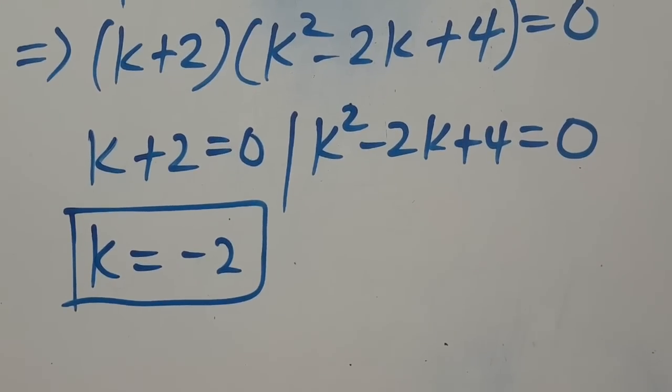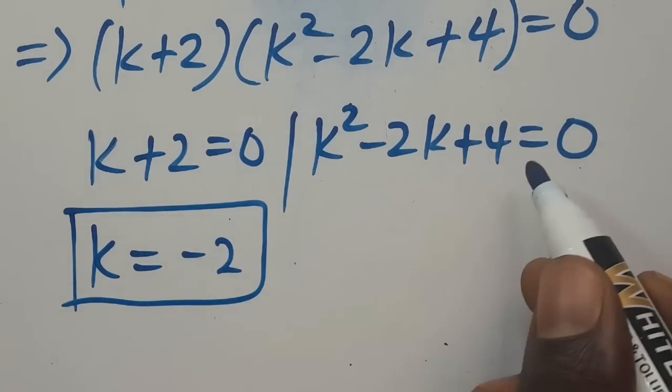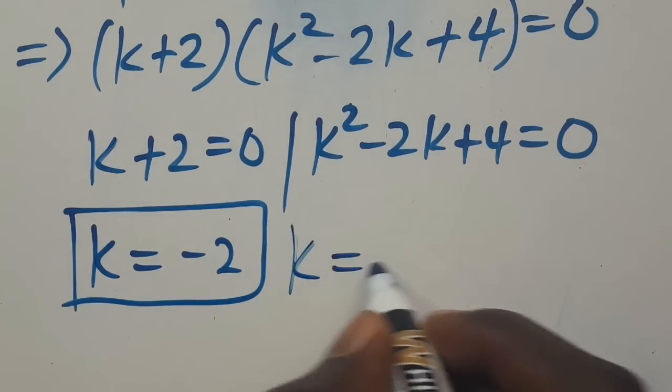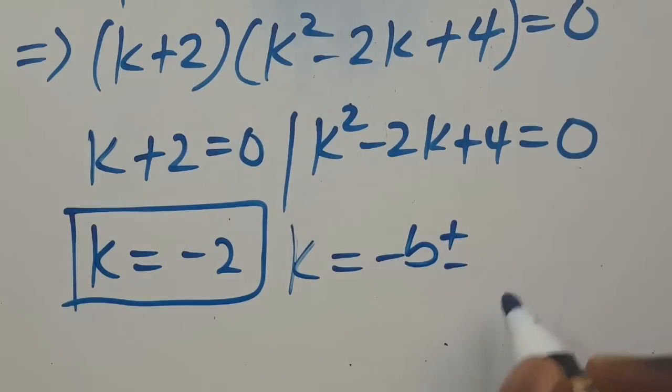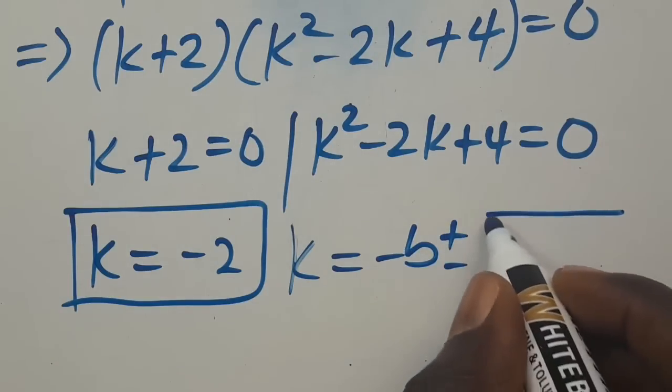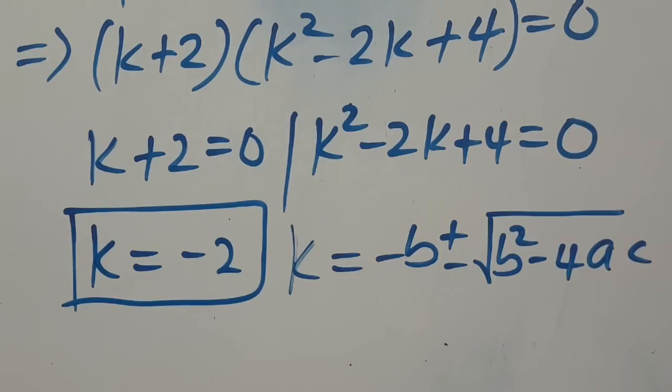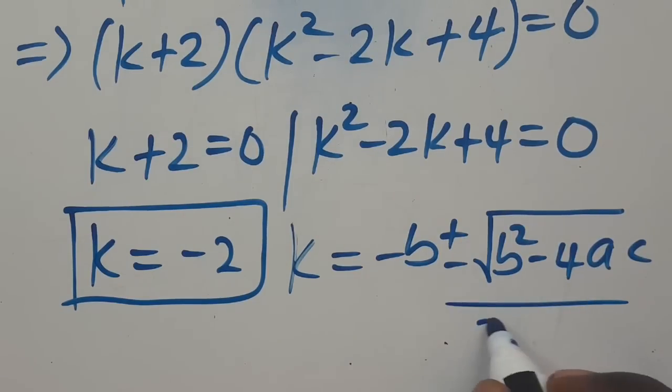Now, from here, this is a quadratic, and we can apply the quadratic formula, as k will be equal to minus b, positive or negative, square root of b square minus 4ac, all divided by 2a.